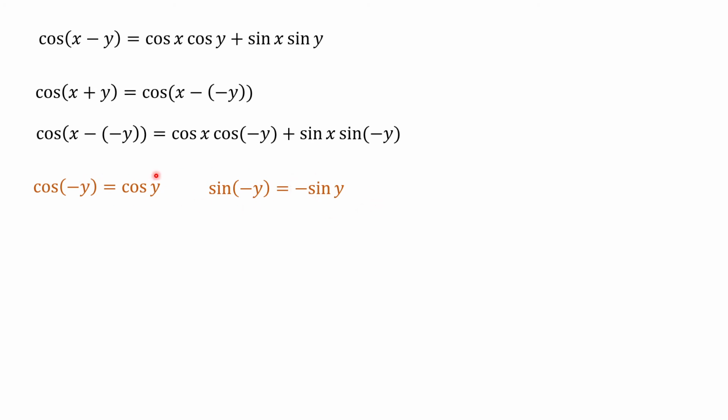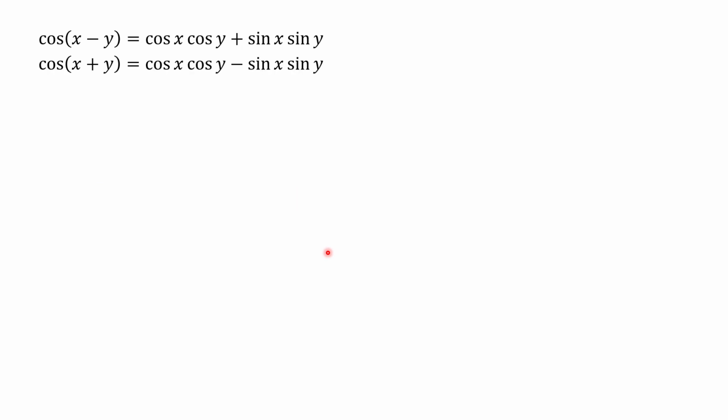And we're just going to use these formulas to simplify what we have here, okay? Once we plug this in, we're going to have a formula like this, okay? Pretty easy. As long as we remember that cosine is even, sine is odd. So we got 2 out of 4 formulas.